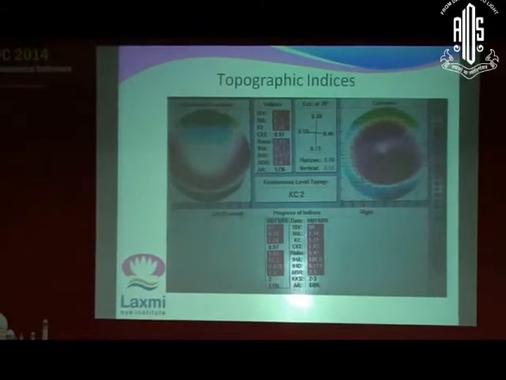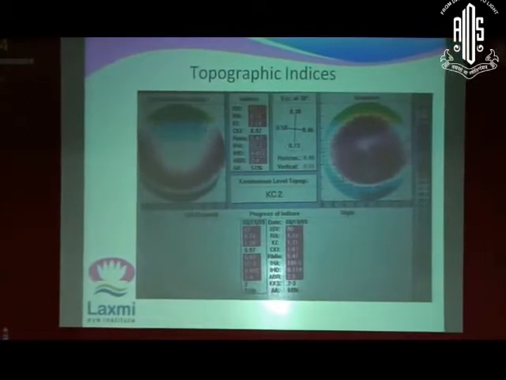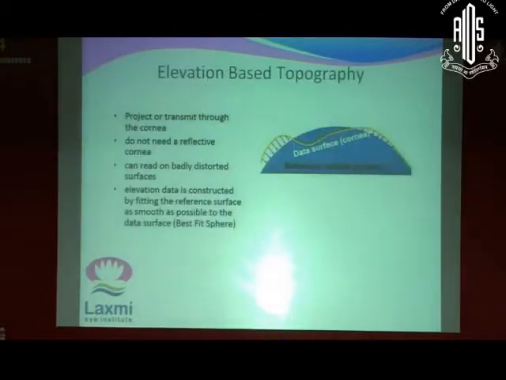Then there are a variety of keratoconus indices which give you a level of keratoconus directly. Most topographic machines today have incorporated a keratoconus detection system, so they even give you the level of keratoconus, like KC2, keratoconus suspect, keratoconus 3, advanced keratoconus. When you look at progression on the same machine, these index values will change, and you know that the keratoconus is actually progressing.